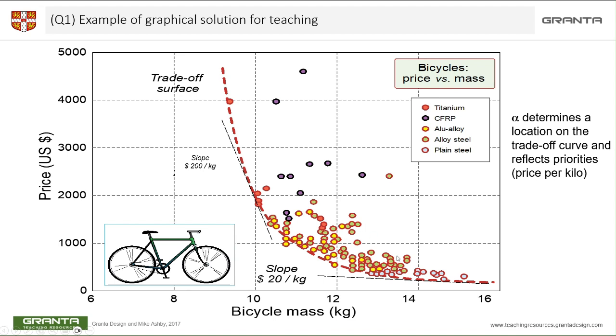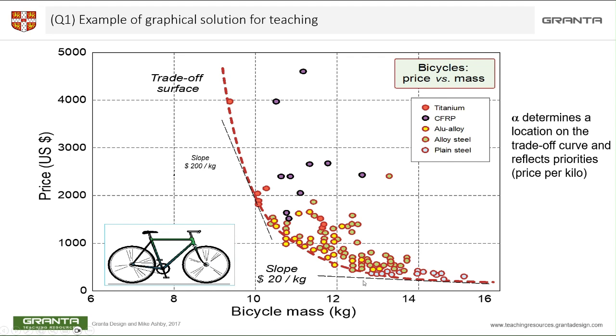Okay, now once you have put your trade-off surface, then these candidates are all your non-dominated solutions. Now each value of alpha will give you a different line. So for example, if you plot one value of alpha, you have got this line over here, right? For this, the value of alpha is $200 per kg, right? But for this one over here, the value of alpha is $20 per kg.